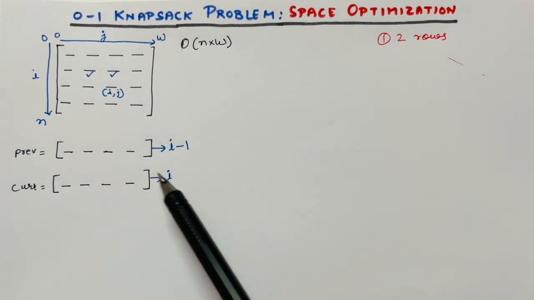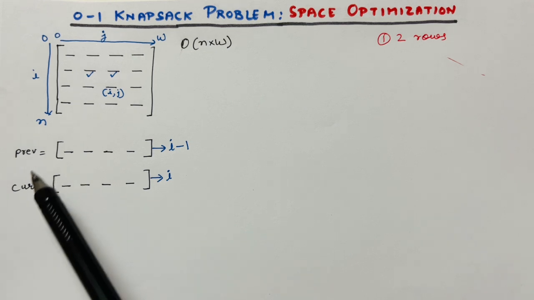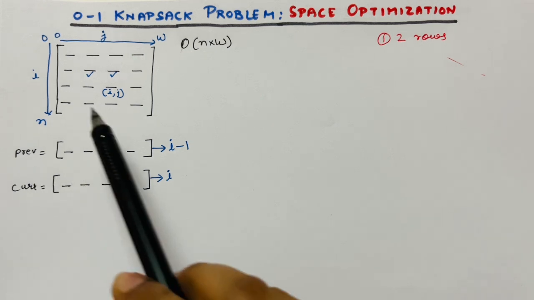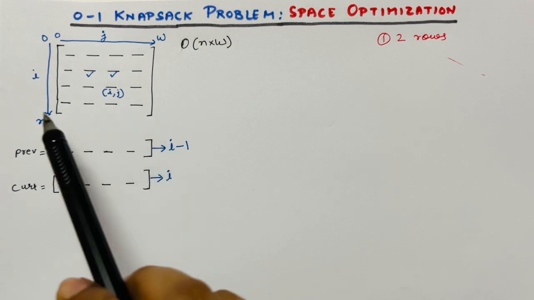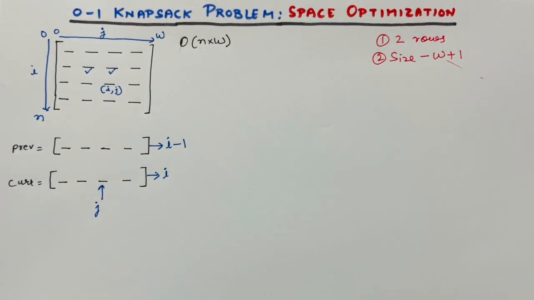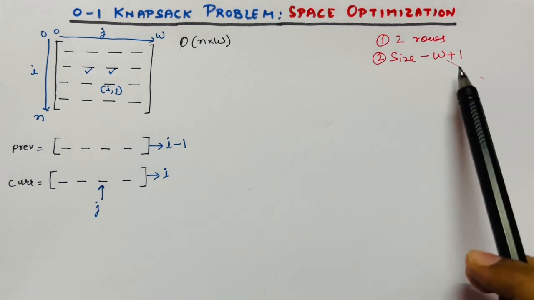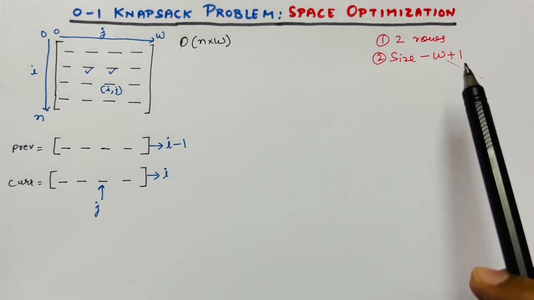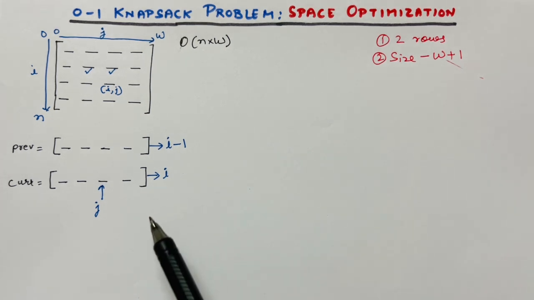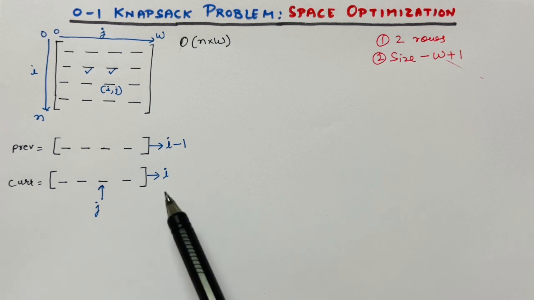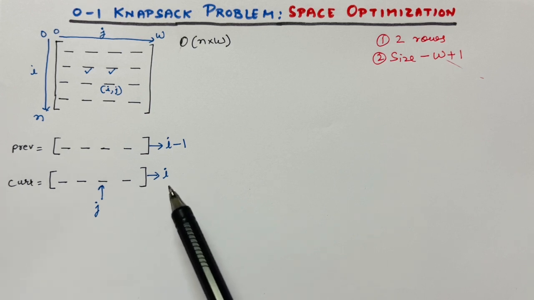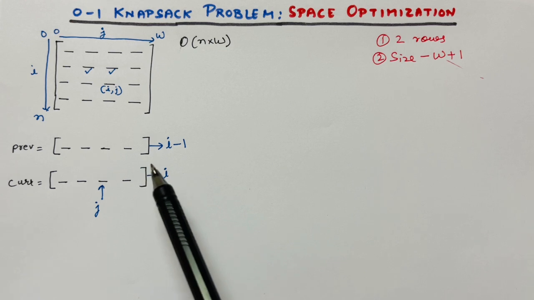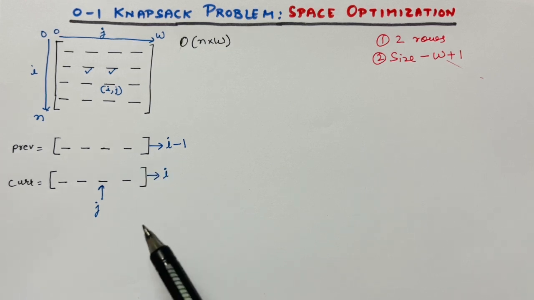It will correspond to the first i minus 1 items. And what will be the dimensions of these 2 rows? The dimensions will be the same as this. So we have noted here that the size of the 2 rows will be w plus 1. Now we understand that the current row corresponds to using the first i items and the previous row corresponds to using the first i minus 1 items.